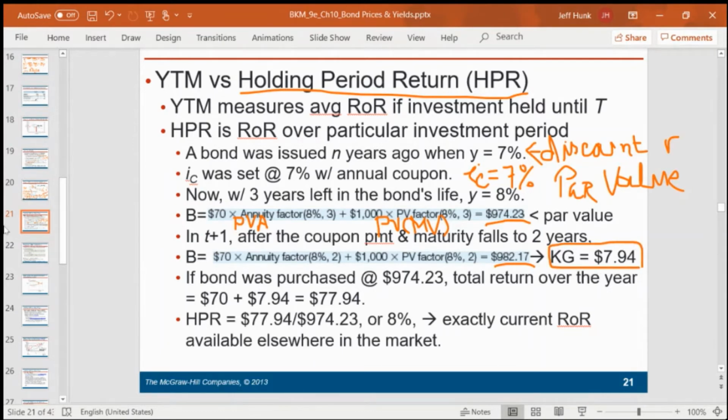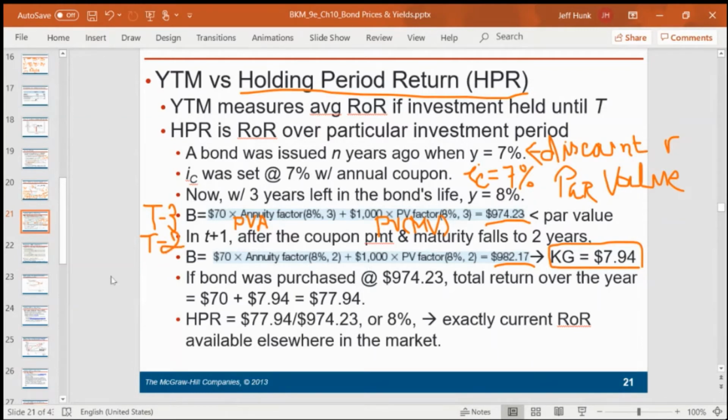And during this 1 year, between t minus 3 and t minus 2, where maturity is always uppercase T, the terminal time, and t minus 2 is only 2 years before maturity.